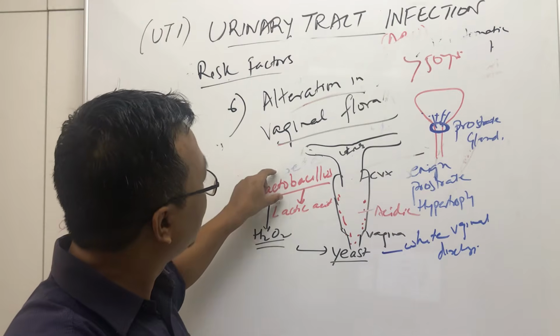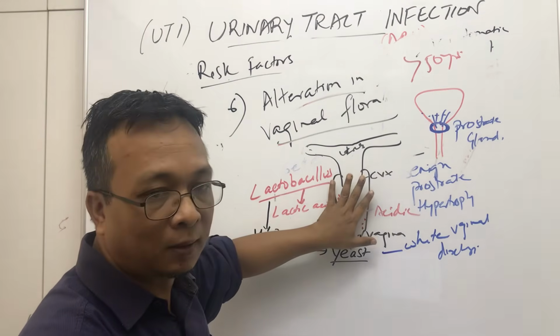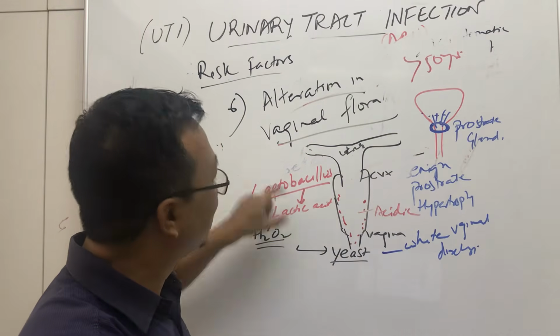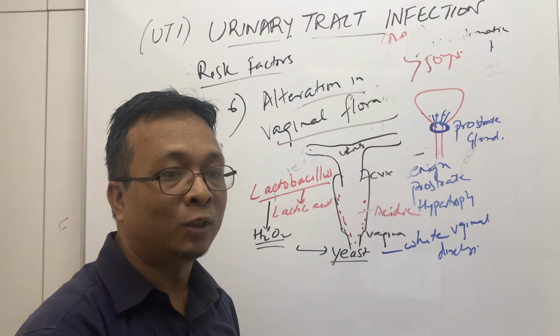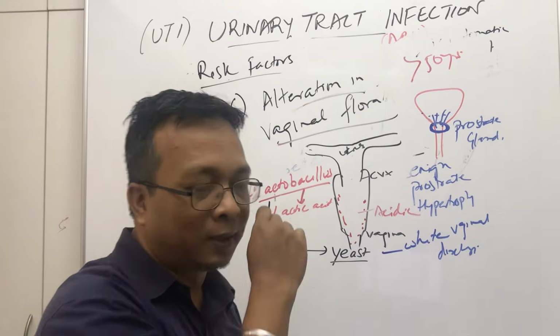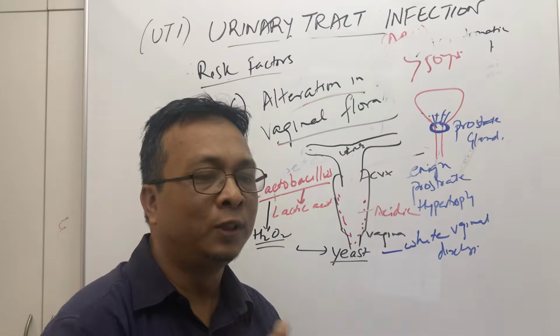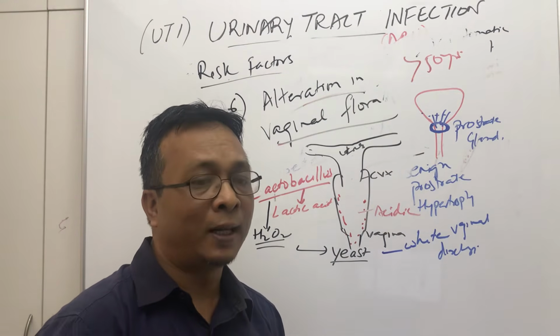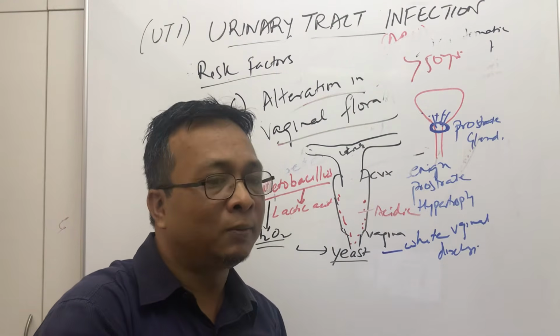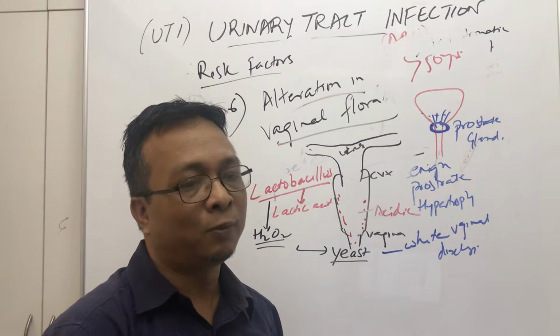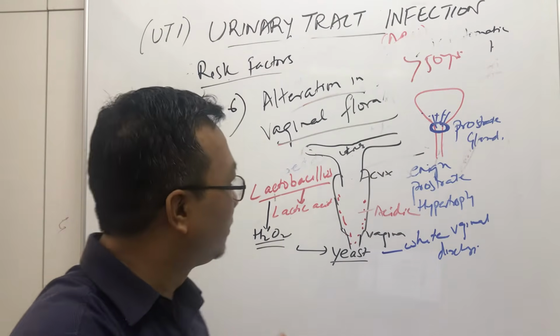So these lactobacillus are protective. In any condition when the lactobacillus are killed or their level goes down, for example sometimes there is injudicious use of antibiotics, when antibiotics are not needed but are overprescribed, whatever the cause.